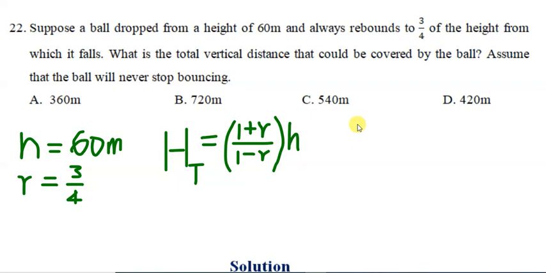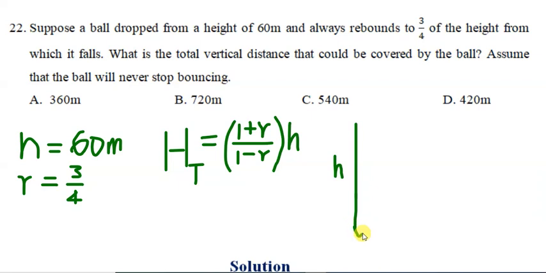Here the question says the ball is dropped from a certain height. Let us call this one B. It drops from height H. Let us put H here, and it rebounds. Once it hits the ground, it rebounds up to 3/4 of the distance from which it falls.